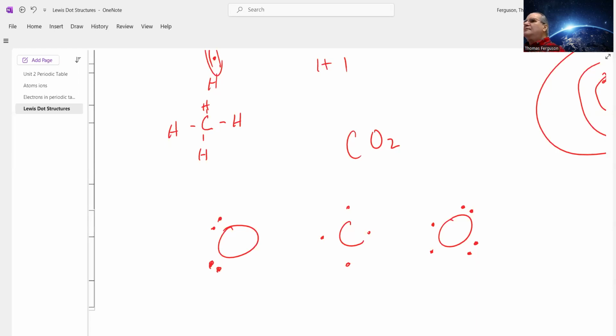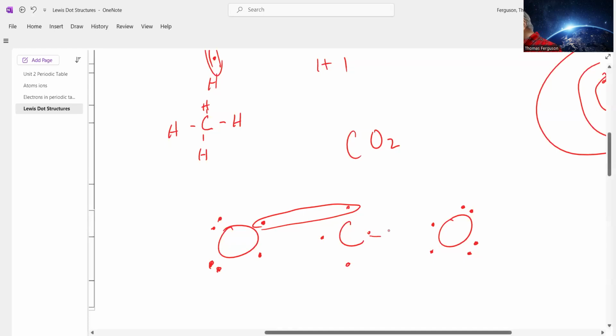And make your electrons big. Okay, step number 1 is that. Step number 2 is to bond single to single one time. Okay.